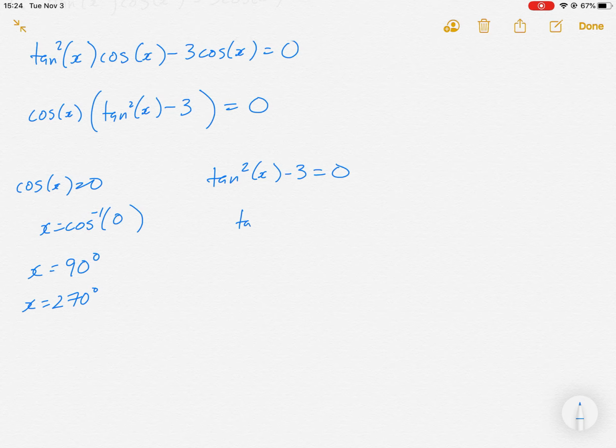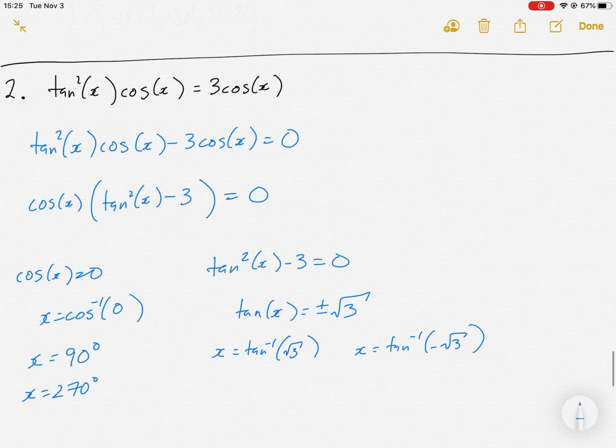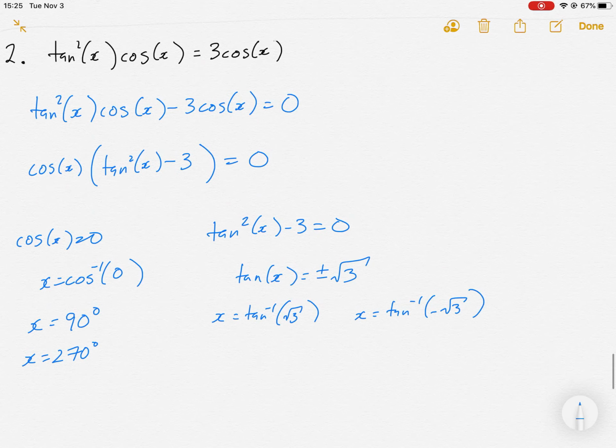So I'm going to end up with tangent of x equals plus or minus the square root of 3, which means I'm really solving x equals tangent inverse of positive square root of 3 and x equals tangent inverse of negative square root of 3. Oh, doesn't this just make your heart go pitter patter? Look at all these great things we get to do. Yeah, math!